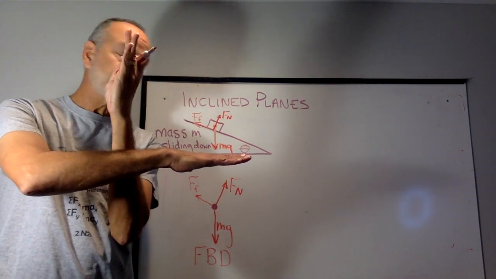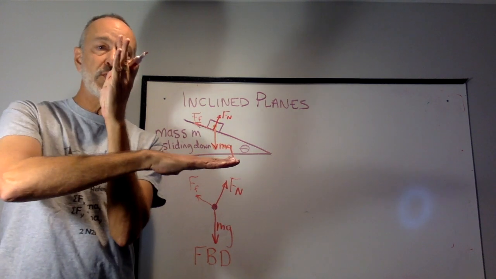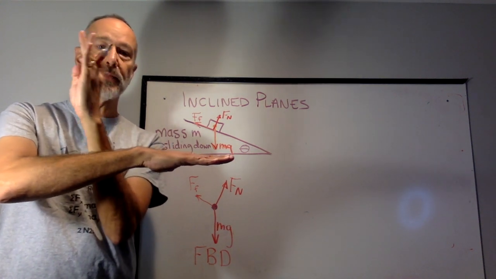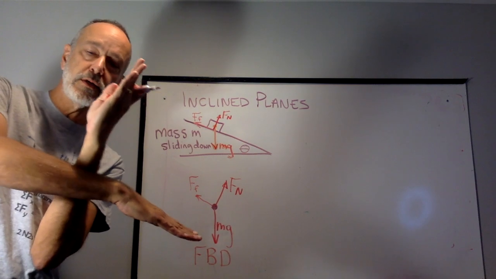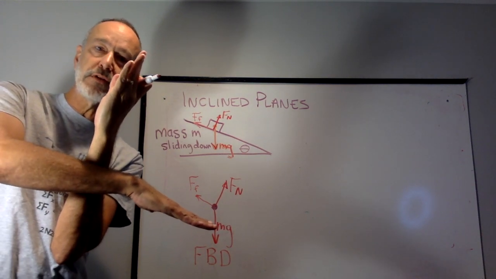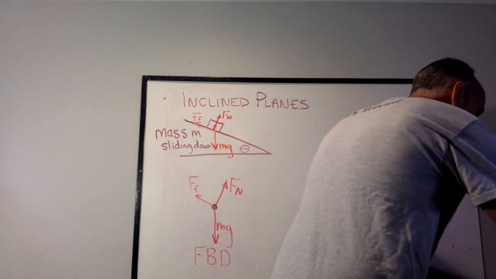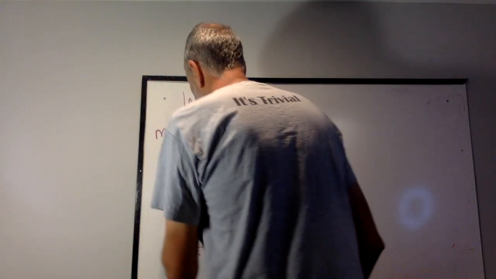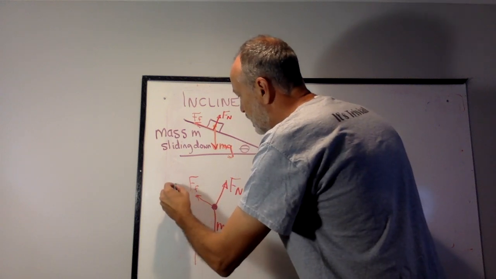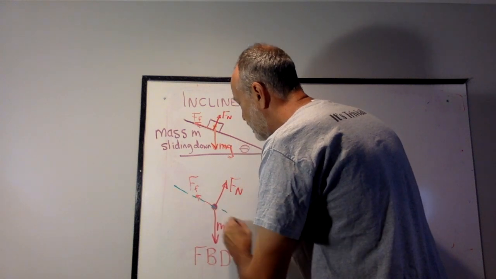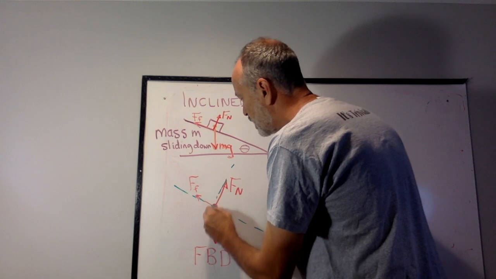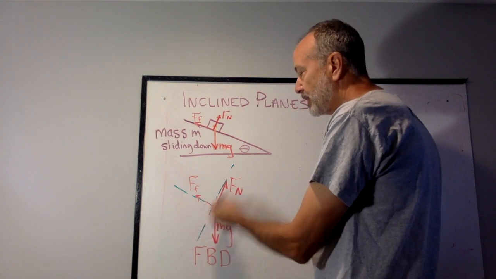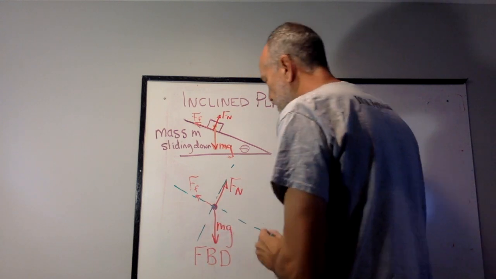Instead of this, we know it's not going to accelerate this way or that way. We can make the problem quite a bit easier by tilting our frame of reference. What I mean by that is we're going to say down the ramp, parallel to the ramp in other words, is going to be one dimension, and perpendicular to the ramp is going to be another dimension.